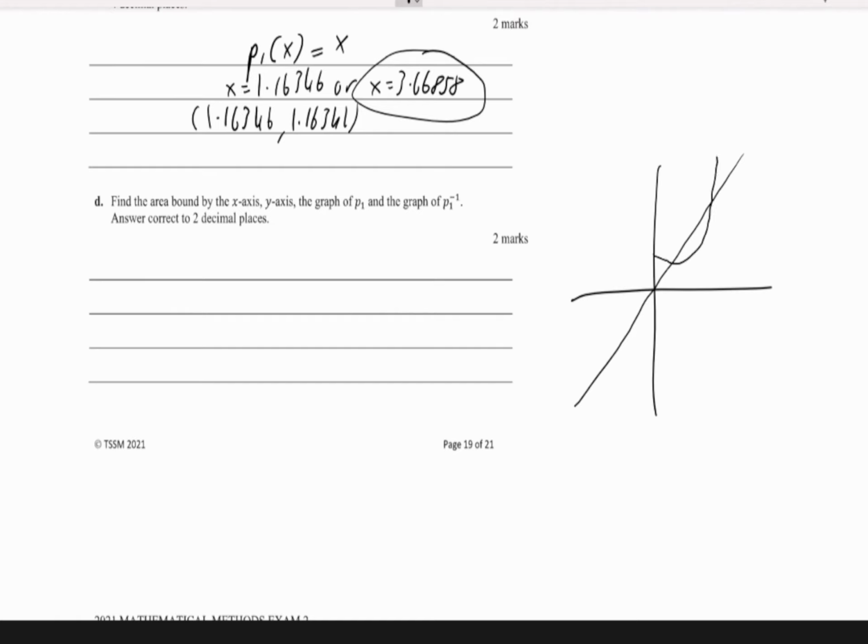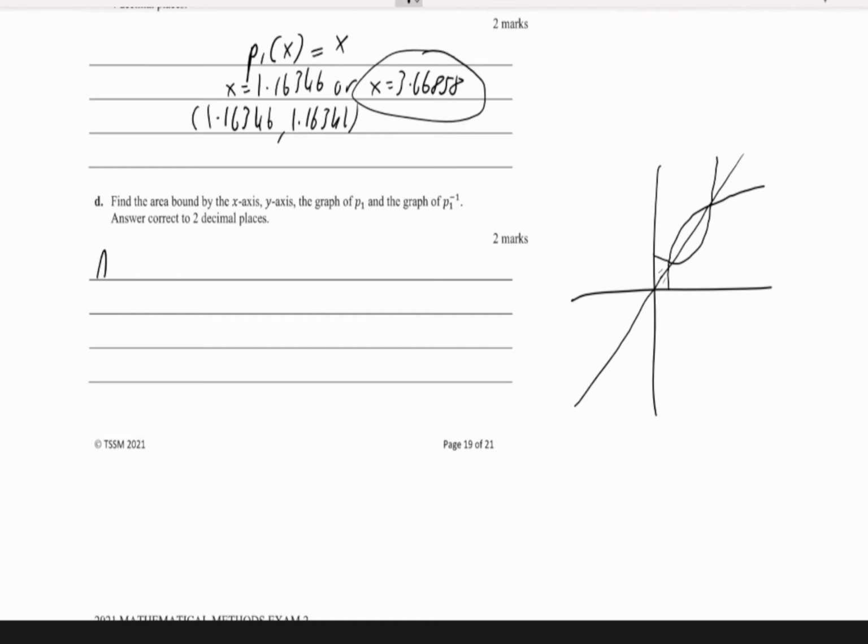Then you would have to estimate how you're going to draw this, and the inverse would be something like this. So the area you want to find is essentially this part.